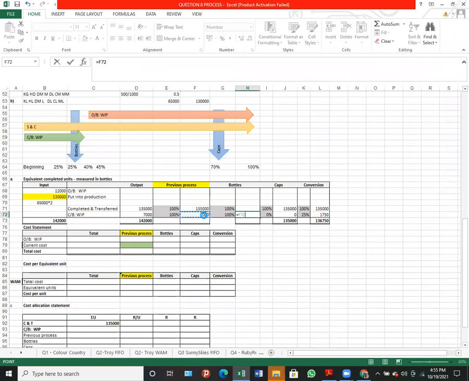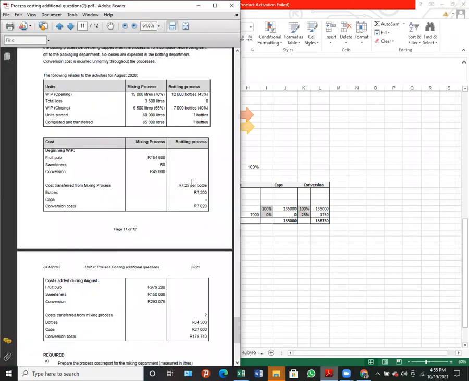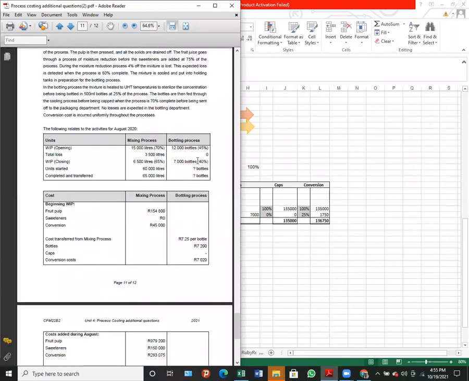100. Here, guys, now, guys, I'm going to explain how did I get 25%, ne? For here, ne? The 25%, guys. To get this 25%, guys, this minus this, you will get 25%.